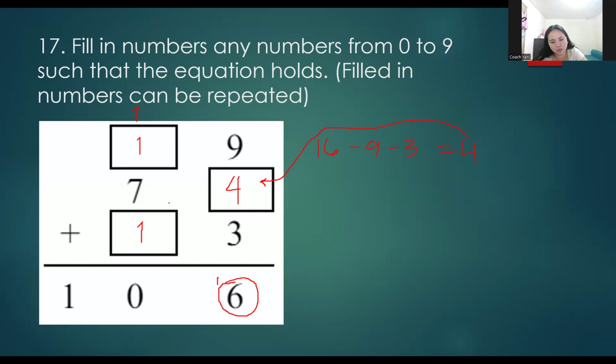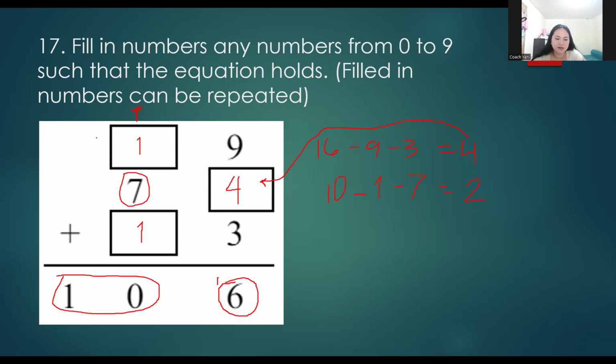So again, the total is 16. That's why you have a carry over here, that is 1. And then you add 1 plus 7, right? And then this is the sum here, which is 10. So you just subtract 10 minus the carry over 1 minus the 7 in here. You have 7, and that would be missing 2.